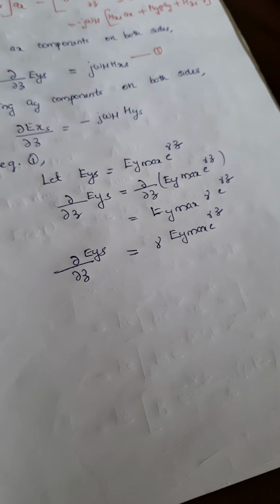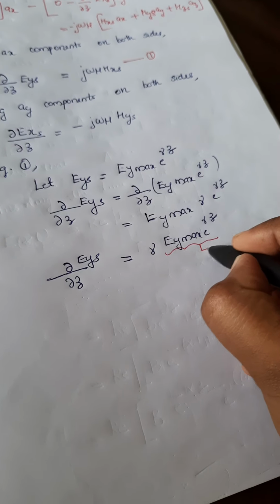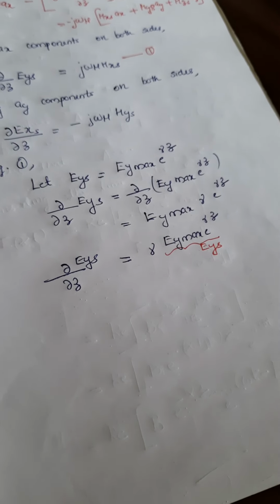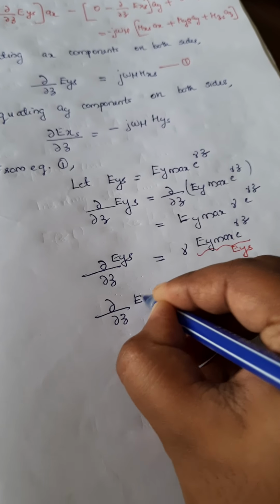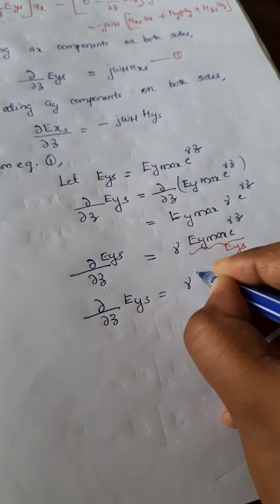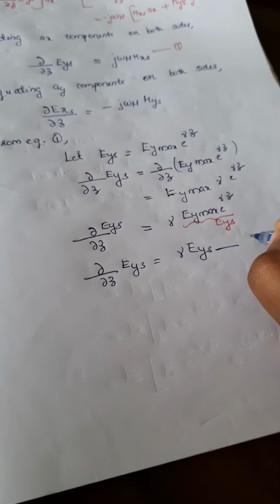And this Ey max e raised to gamma z is Eys. So dou by dou z of Eys is written as gamma Eys. That will be taken as equation number 2.